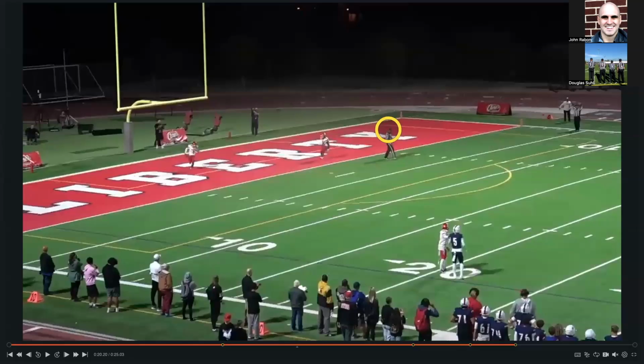That's what we thought. I was in the booth during this play, and we looked at each other and said, "Where did that flag come from?" Nobody knew. We just saw him throw it at this point. We're like, "What just happened?" Had it been a dead ball penalty, then momentum would have been on, and we would have gone to the momentum spot and then enforced half the distance to the goal.